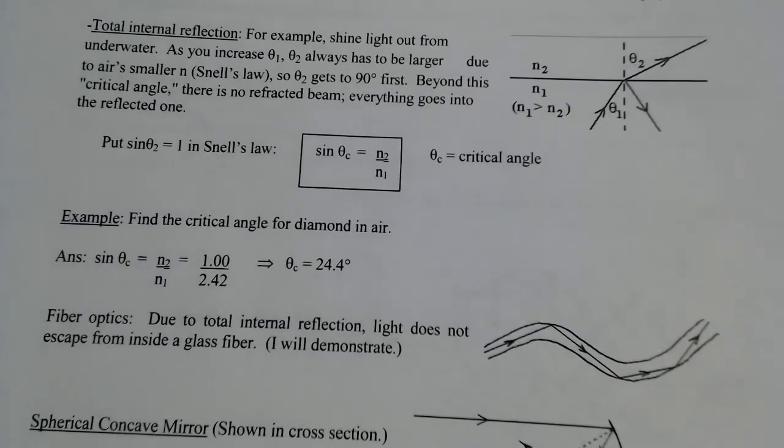The calculation is shown there. It's only a little more than 24 degrees, meaning that for light inside of a diamond to get out, it has to hit pretty close to perpendicular to the surface.